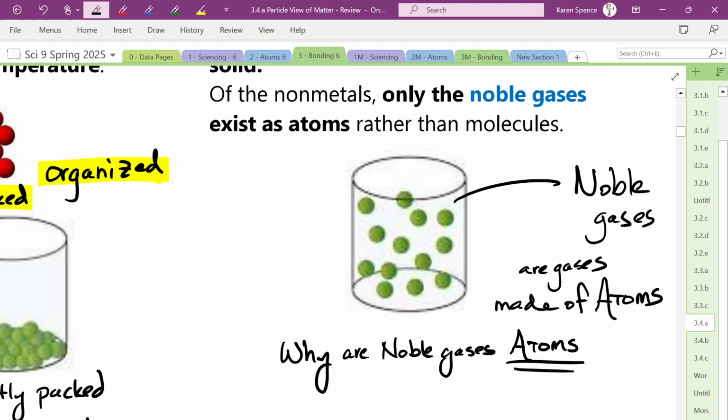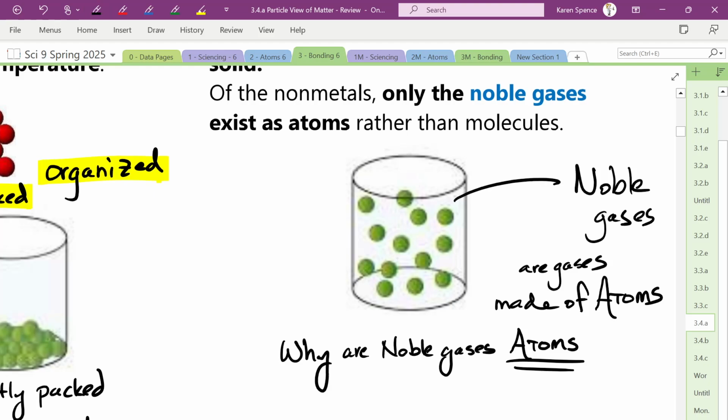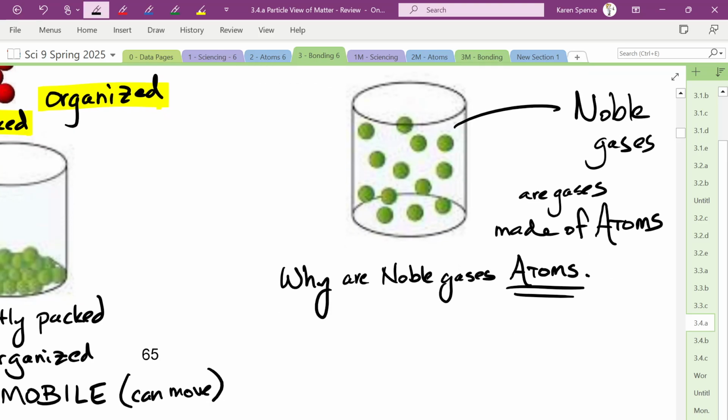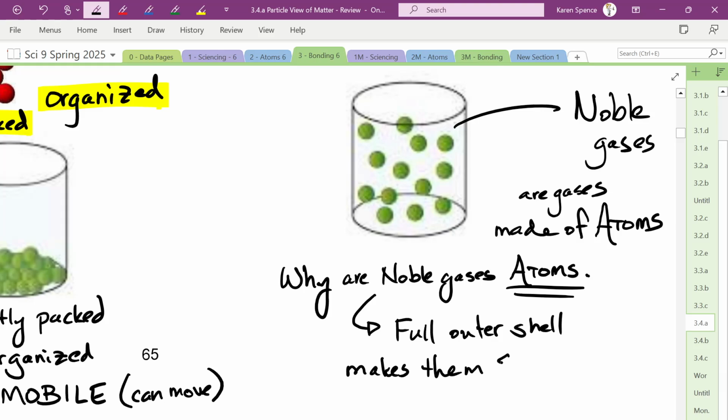Why are noble gases atoms? Because they have that full outer shell, which means they're stable and they don't want to bond. Full outer shell makes them stable, therefore they don't bond.